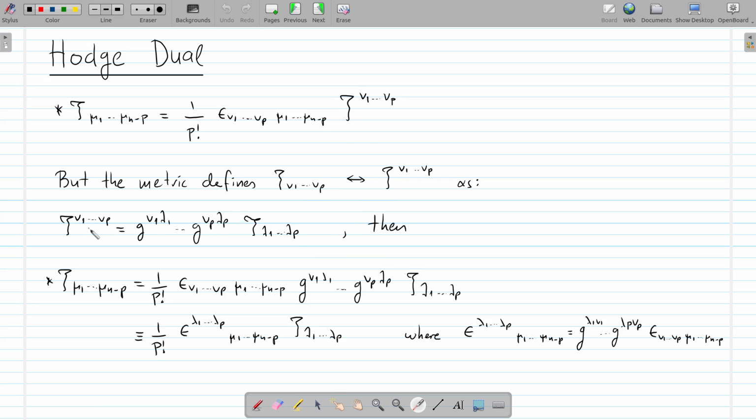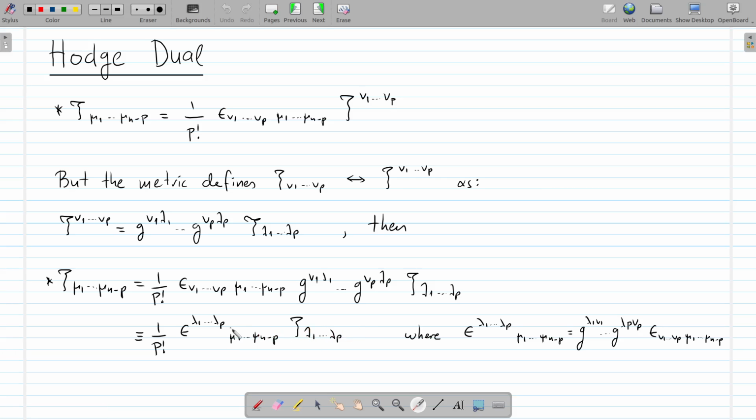So we can substitute the p vector here by the equivalent p form there and obtain this equation. And if we define this tensor here, which is obtained from the Levi-Civita tensor by raising the first p indices with the metric, we obtain this equation shown here in this line.